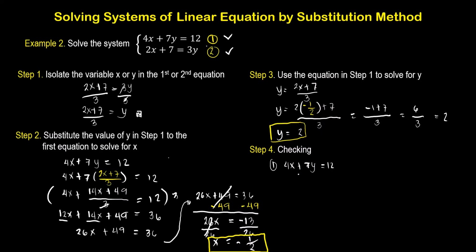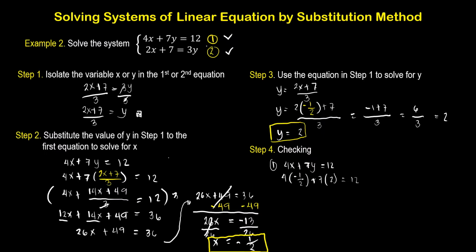All we need to do is plug in the values of x and y here. So we have 4 times the value of x, which is negative 1/2, plus 7 times the value of y, which is 2. And we're going to check if this is equal to 12.